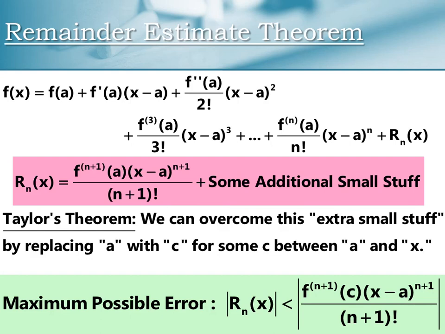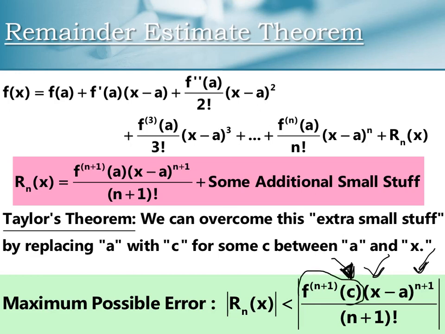So what this is saying is when we have a non-alternating series and we truncate that series at some point to get an estimate, the amount of error in that estimate is no more than the n plus first term evaluated at our particular x value, and then the only thing we have to change out is this is no longer a. Look at this c value here in this n plus first derivative.